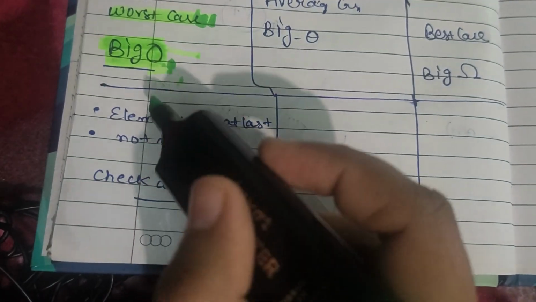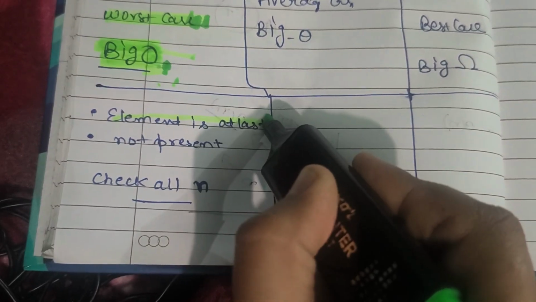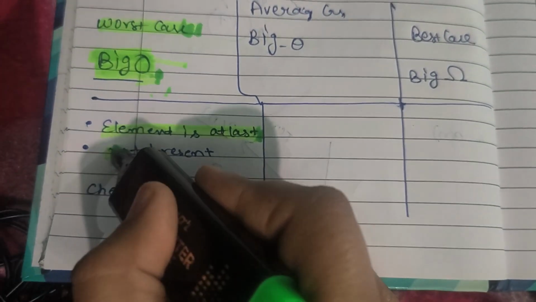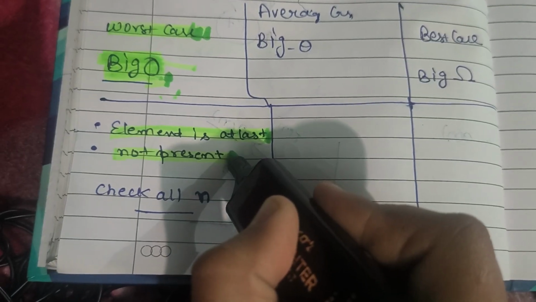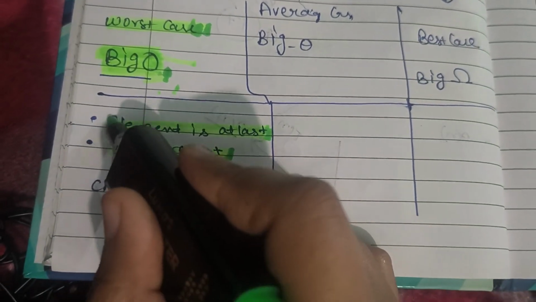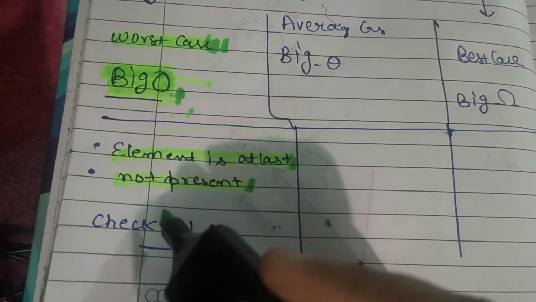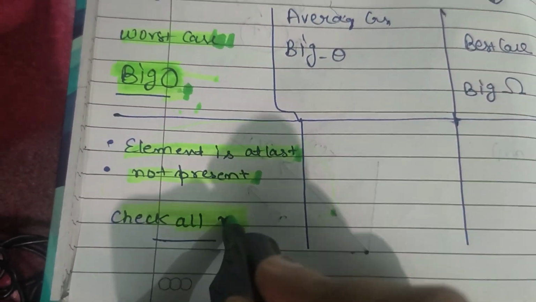So what are the worst cases possible? When the element is at the last index, at index n, or maybe the element is not there at all. In these cases we have to iterate through the whole array. So this becomes the worst case and we have to check all n iterations.